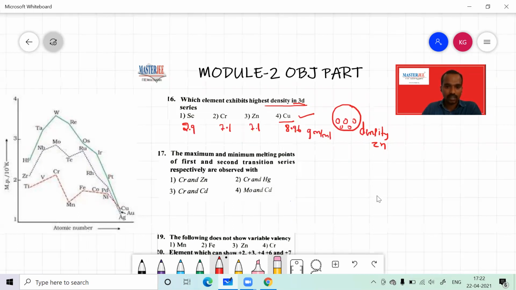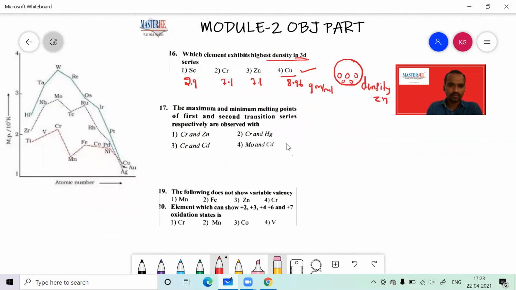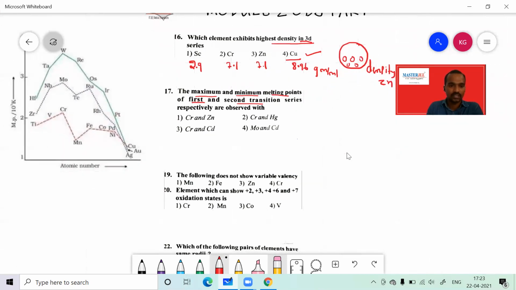The maximum and minimum melting points of the first and second transition series respectively are asked. First and second transition series means the 3D series and 4D series. In the 3D series, you can easily identify chromium as the highest melting point.